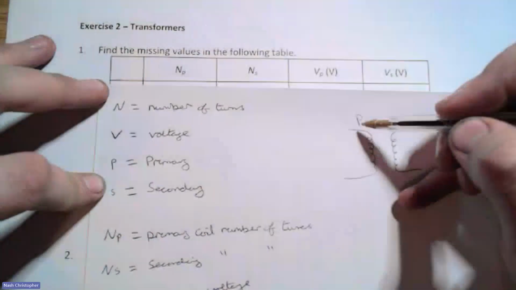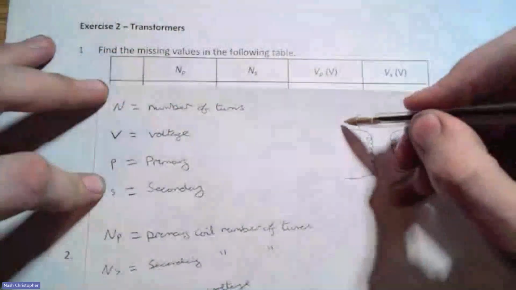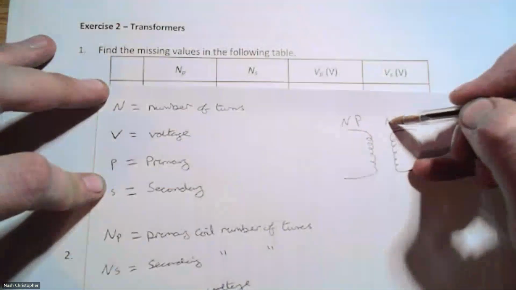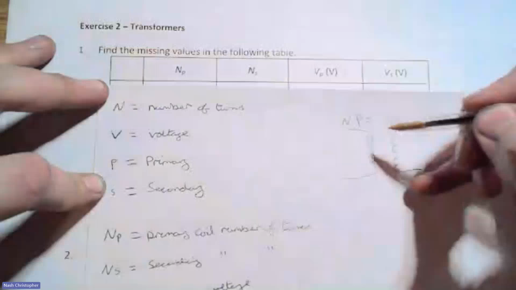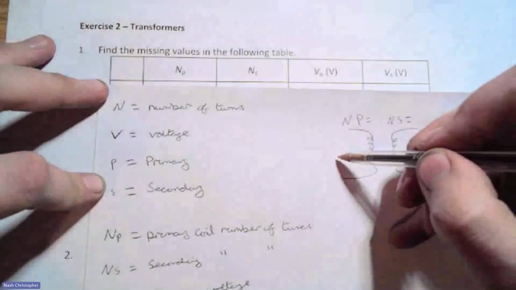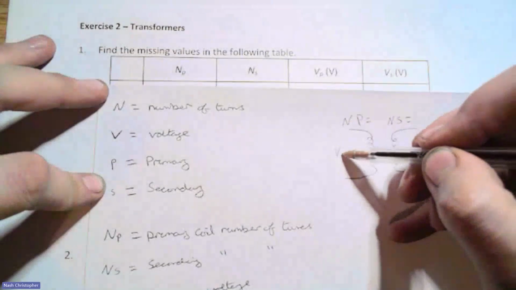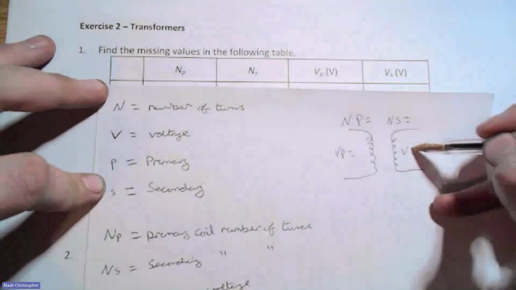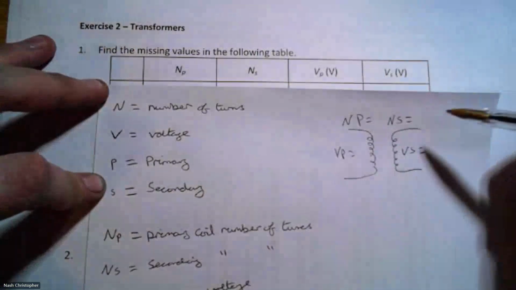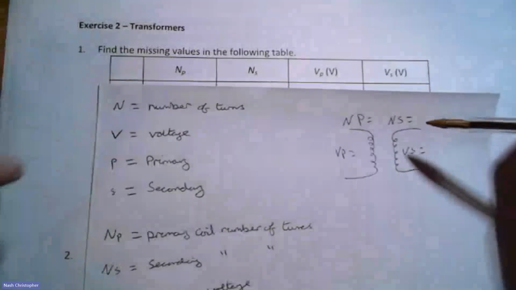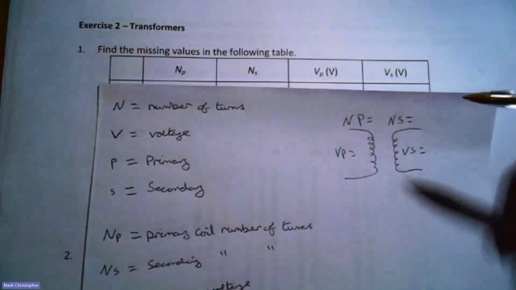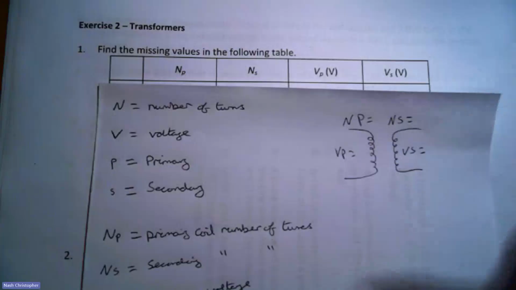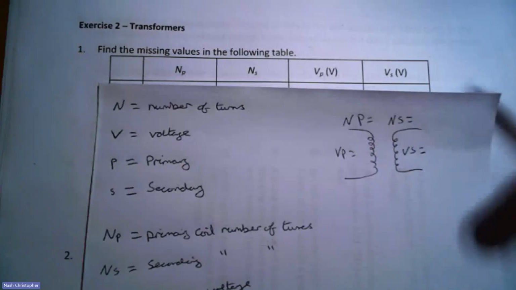So for each side of the transformer, you will have the number of turns for the primary, the number of turns for the secondary, and you will also have the voltage for the primary, and then the voltage for the secondary. They're the four main components that we will need to use to do the following calculations.